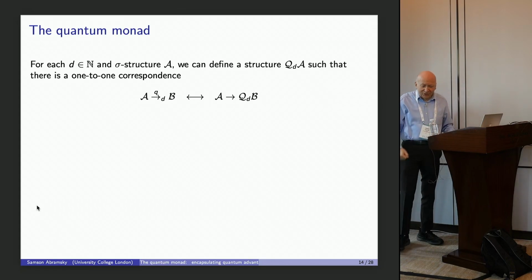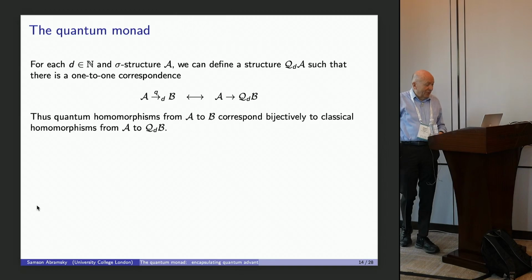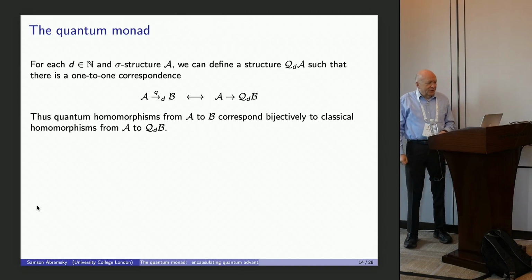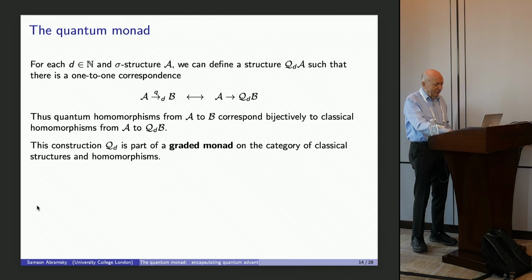It modifies the type in the same way that any monad modifies the type, as we were recalling earlier, like the maybe monad and so on. So quantum homomorphisms from A to B correspond bijectively to classical homomorphisms from A to Q of B.